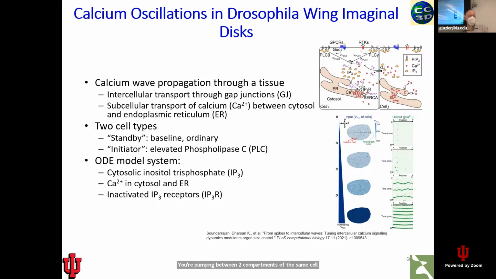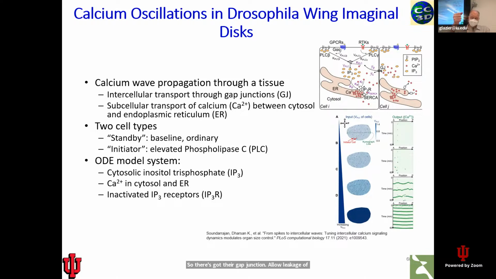There are a number of molecular species involved here. IP3 and SERCA are the ones that are most common. And with calcium, there are couplings between the cells through what are called gap junctions, which are basically holes between two neighboring cells, which allow molecules to go across between two cells. They're not that big, so they don't allow large molecular species through, but calcium can get through. So there are gap junctions that allow leakage of calcium from one cell to another.